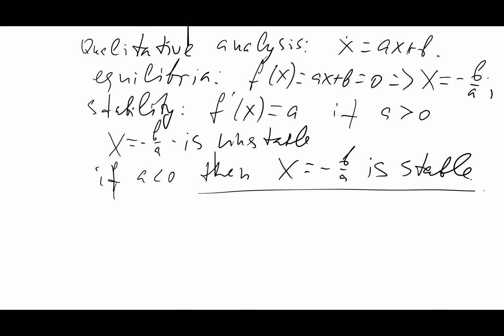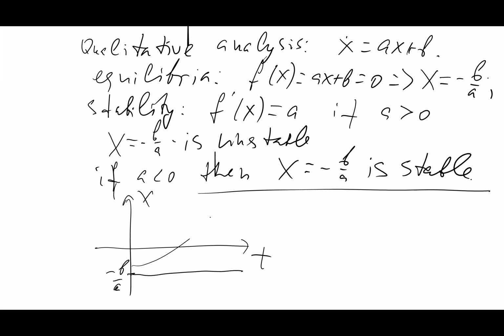So what we did, we found what is going on in this system without finding the exact solution. Minus b over a is the equilibrium point or stationary solution. If a is positive, we have this kind of solutions, and if a is negative, this will be convergence.